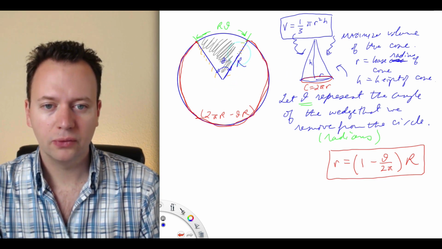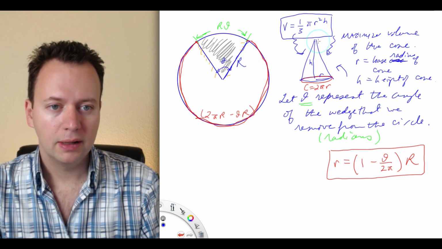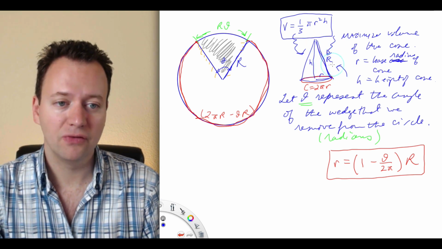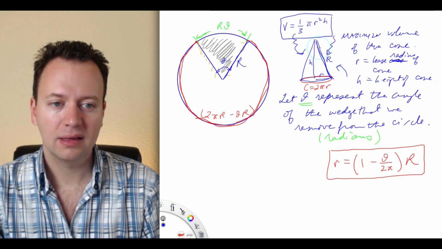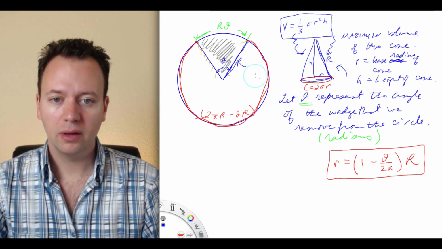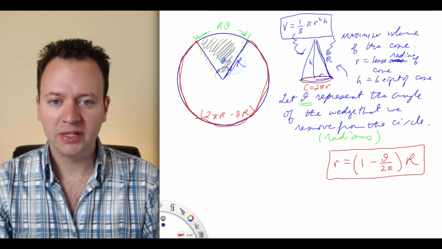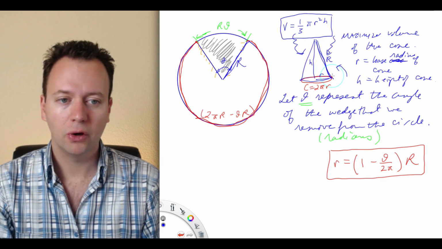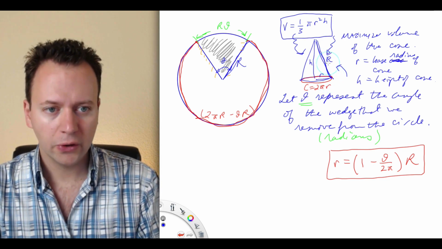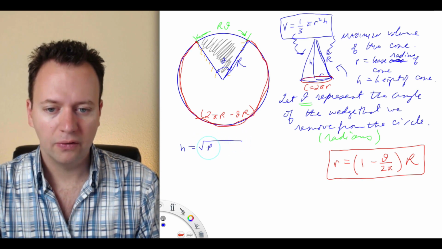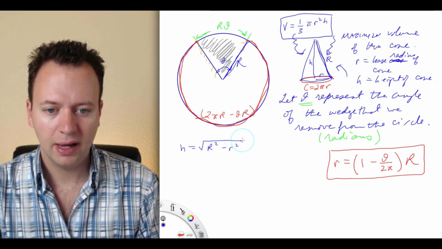This radius here, capital R, is going to equal what's called the slant height of the cone. So that length down that side is going to be exactly here, because when we glue this edge with this edge, this is going to just become a straight line from the vertex of the cone to the base. So h is going to be given by the square root of capital R squared minus lowercase r squared.